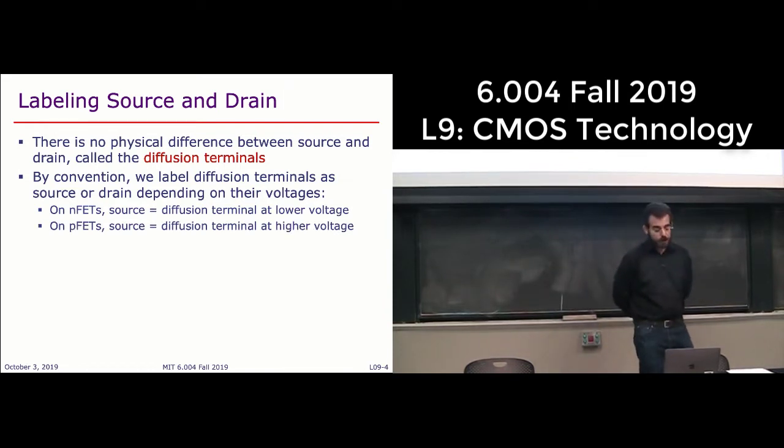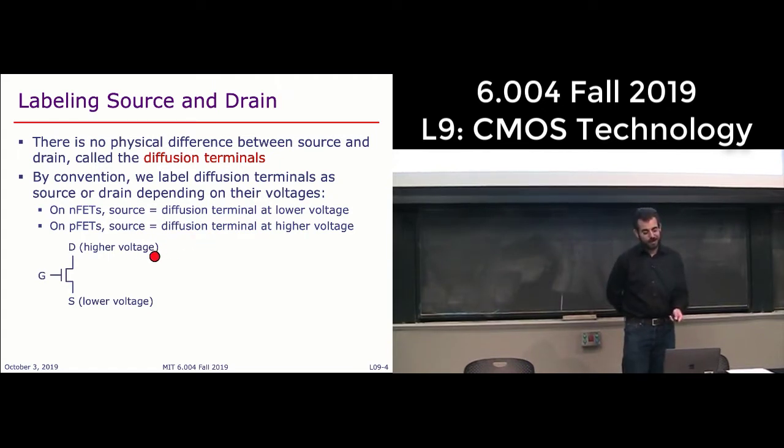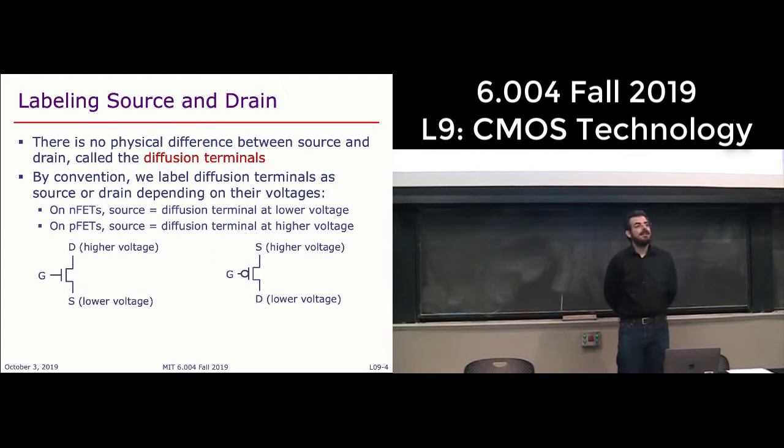And on a P-FET, we do just the opposite. The source is the diffusion terminal that's at a higher voltage. So that's why I have drawn them this way, with the drain at higher voltage for the N-FET, and the source at a lower voltage. And then here the source is the terminal at the higher voltage, and the drain is at the lower voltage. So that's why I label this terminal S and this terminal S.